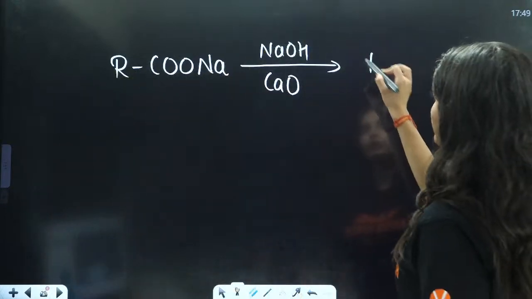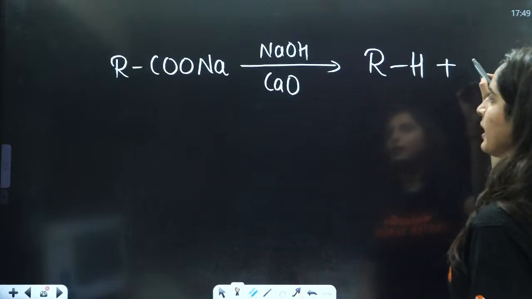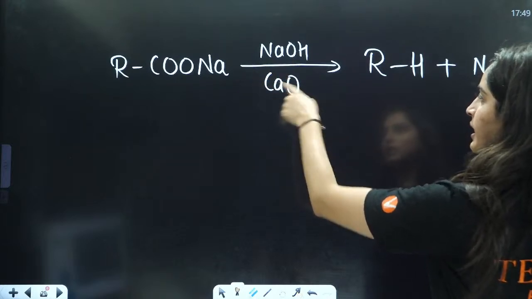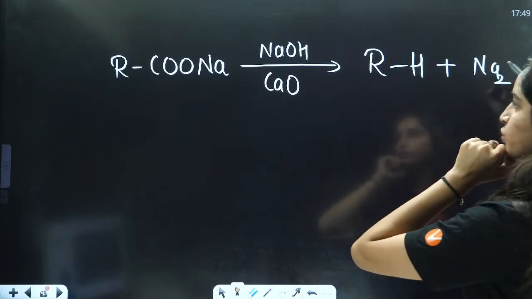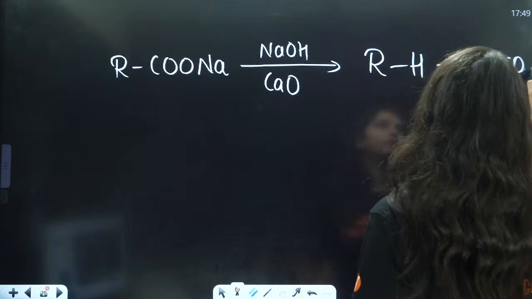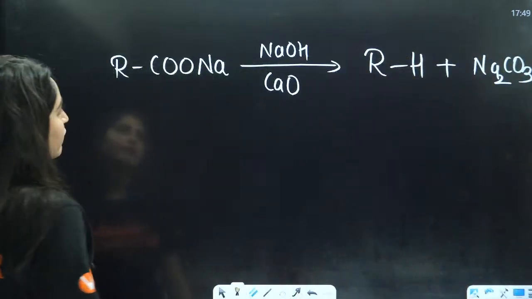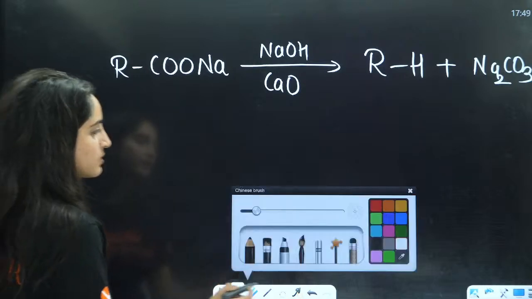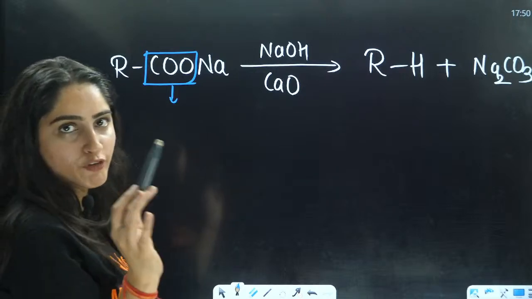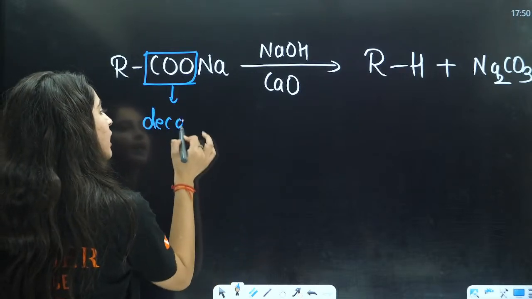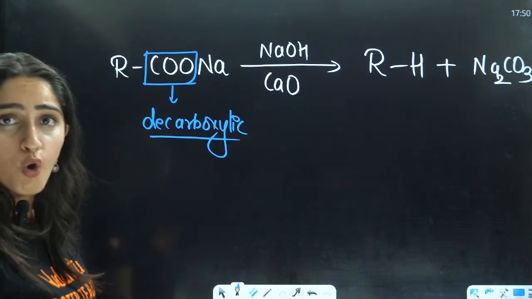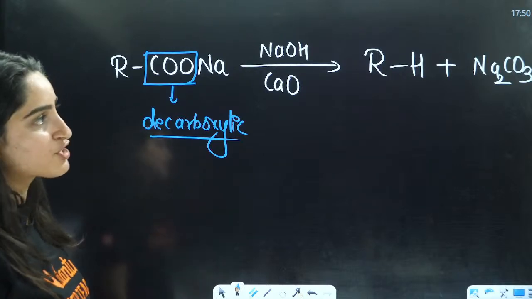It will get converted to RH plus Na2CO3. That means carbon dioxide is going to be liberated from here. That is why it is called decarboxylation.